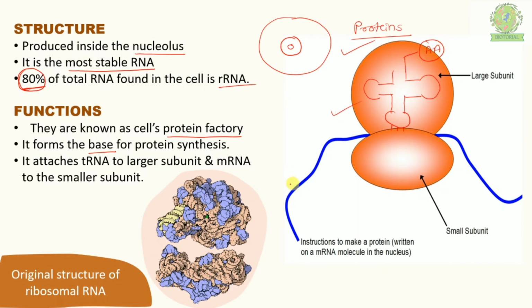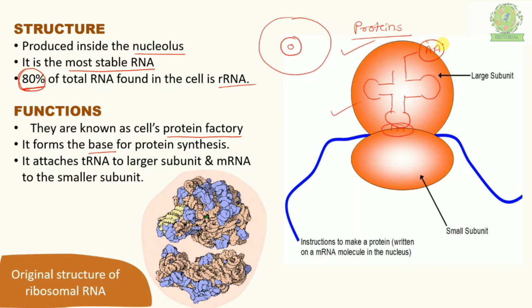The tRNA is attached on the larger subunit, and the mRNA, this blue strand that you see, is attached on the smaller subunit. The mRNA brings the codons, and the tRNA brings the anticodons, and based on these anticodons it will also bring the amino acids.